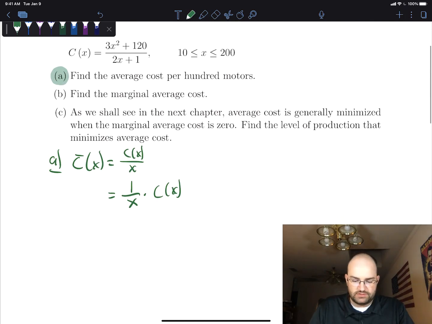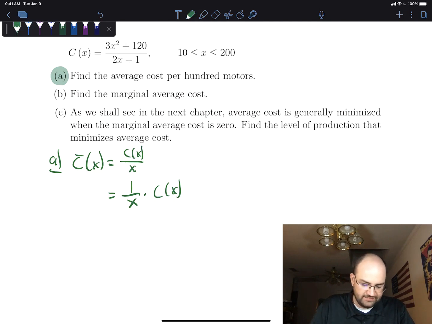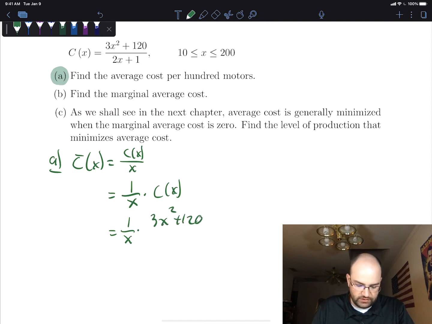The reason that I'm doing this instead of putting it all over x is because we'd have a complex fraction, and it's just easier to see this way. So replace the C of x with what it is. So we have 1 over x times 3x squared plus 120 all over 2x plus 1.